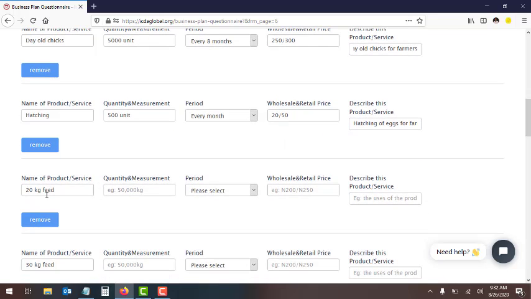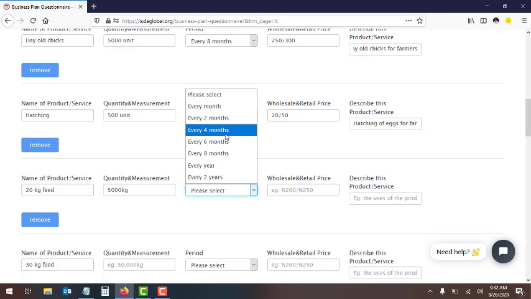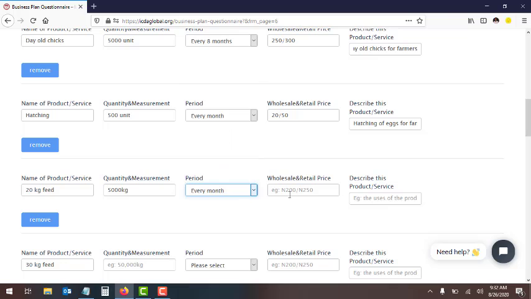So 20 kg feed you put in here. The quantity of this 20 kg that you produce is maybe 5,000 kg, and you produce this every month, and the wholesale price that you sell it is maybe 2,500, and your retail price is 3,000 naira.